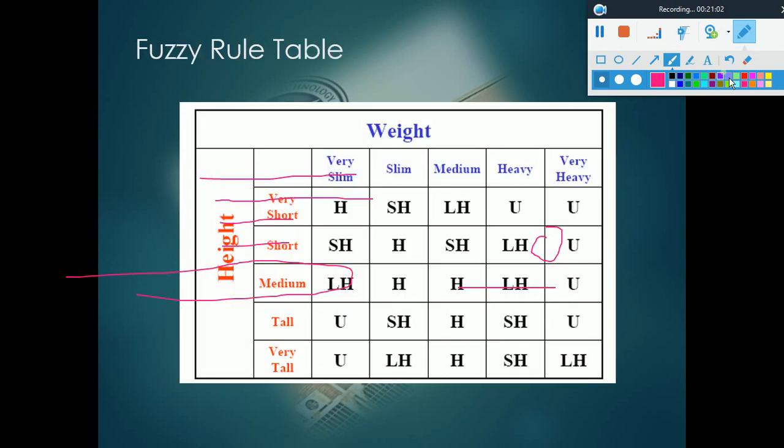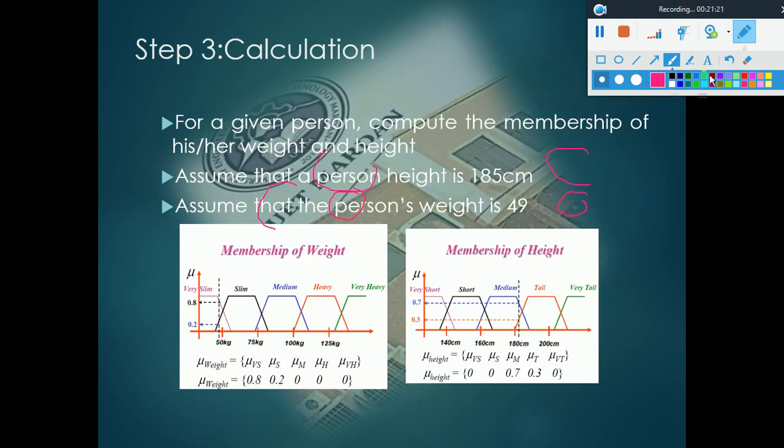For example, if a person is very short and very slim, then that person is healthy, and so on. If a person is very short and very heavy, then we can say that the person is unhealthy. So these are the rules and the membership functions.